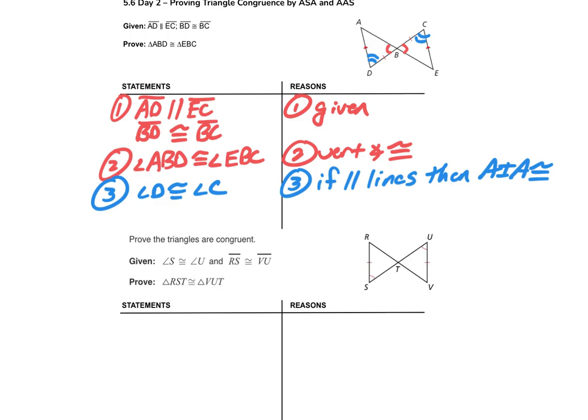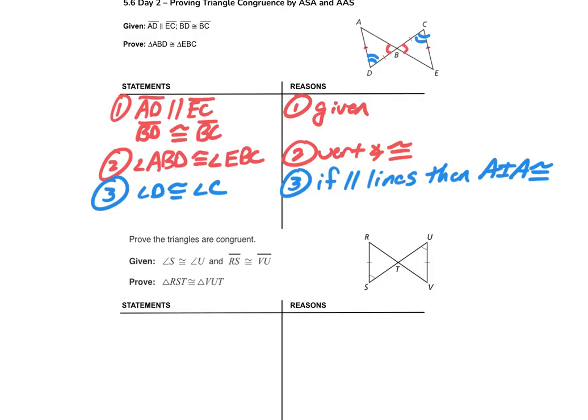Based on the markings that I have right now, what piece do we have right here? Bryson, what is that? What is this piece right here? What do we call that? Is it an angle or a side? Angle. What's this? Side.